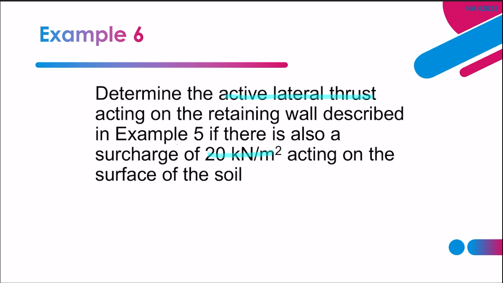So sekarang yang try nak overturn the retaining wall, it will be the pressure due to the soil and pressure due to the surcharge, which is PA, which is this one due to soil, and PAS, this one adalah surcharge. Right, so dia minta you refer pada example 5 for more information untuk example 6.